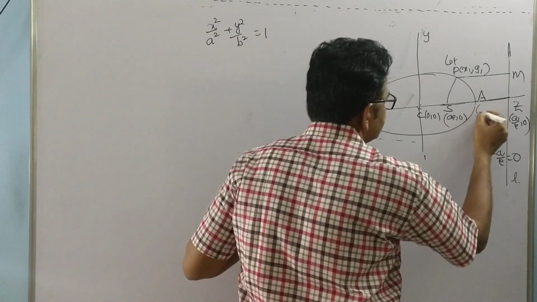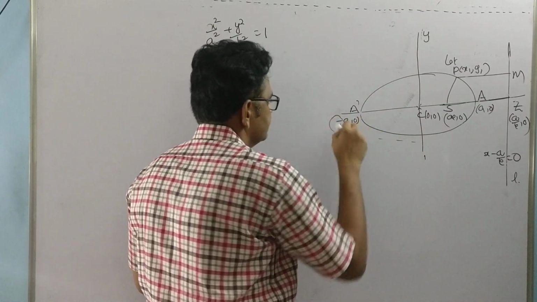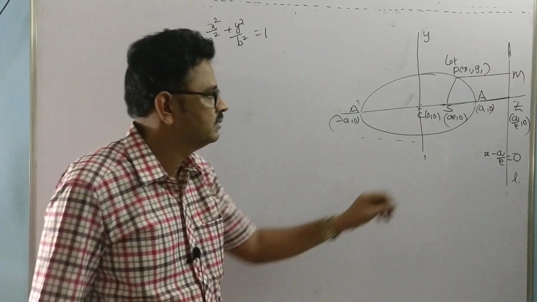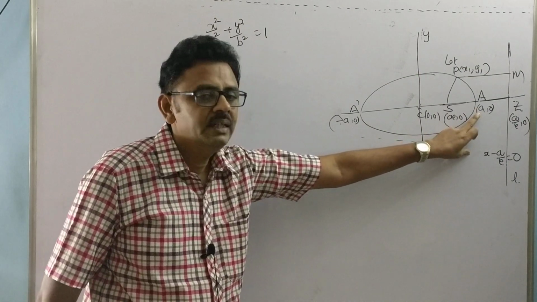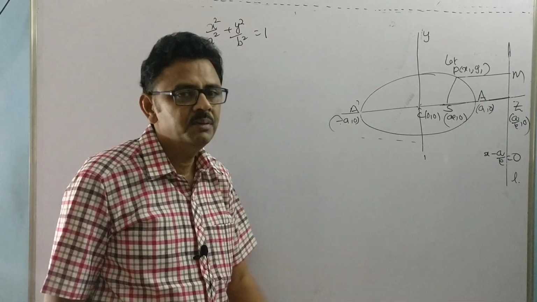That means the ellipse cuts the x-axis at a comma 0 and a dash minus a comma 0.